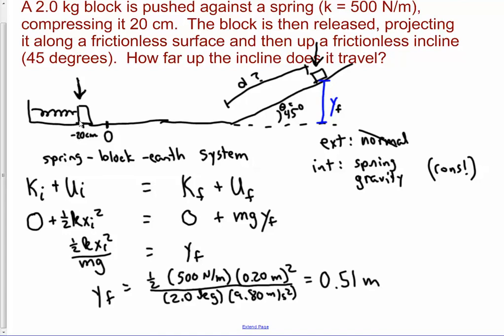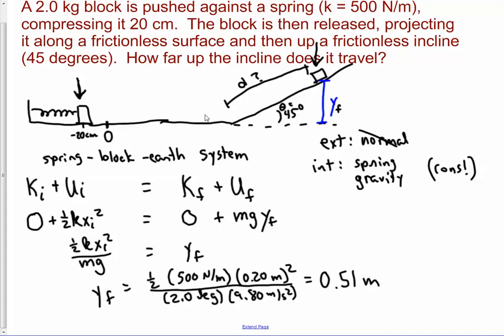I hope you can appreciate, I said we can't really do it with forces because I haven't taught you the details of the spring force when it comes to F equals ma. But hopefully you can see that would have been a much bigger, involved problem: working out the changing force while the spring pushes, to figure out the acceleration that whole time, to figure out how fast it's going at this point.